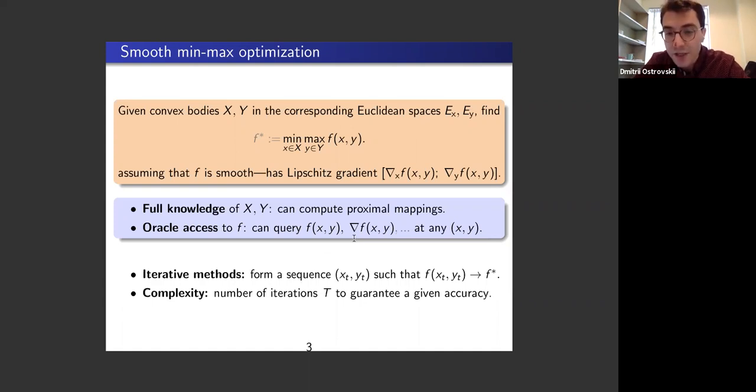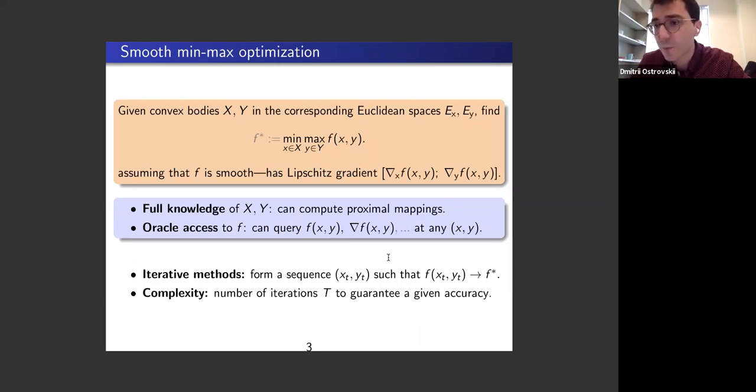Our black box model in this setup corresponds to not knowing exactly the function f. So at any point x, y, we can query, let's say, a first order oracle to the function f. Later on, in the algorithms, we actually will have to query oracles of higher order.